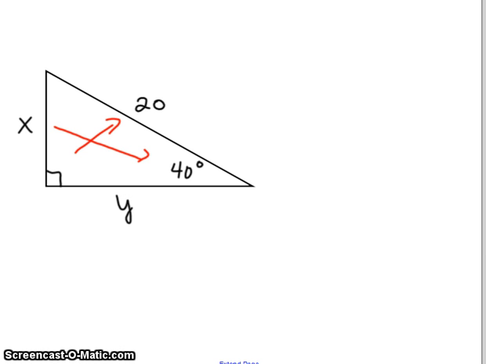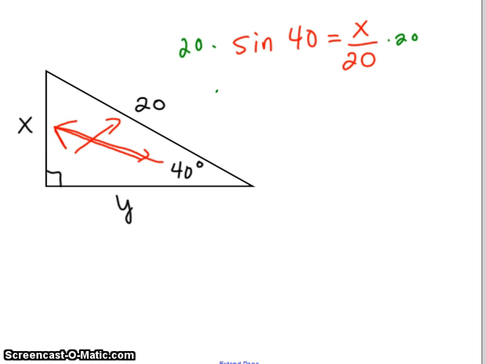All right, so we have opposite and hypotenuse, so that's sine 40 equals the opposite side, which is x, over the hypotenuse, which is 20. All right, solve for x. Multiply 20 on both sides. So you get 20 sine 40 equals x.